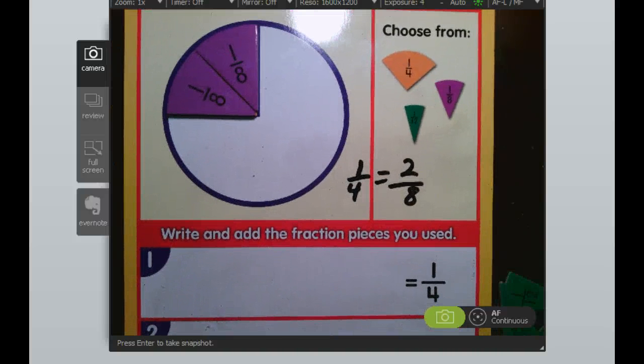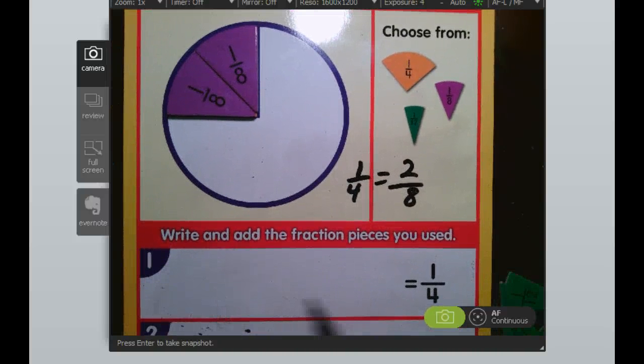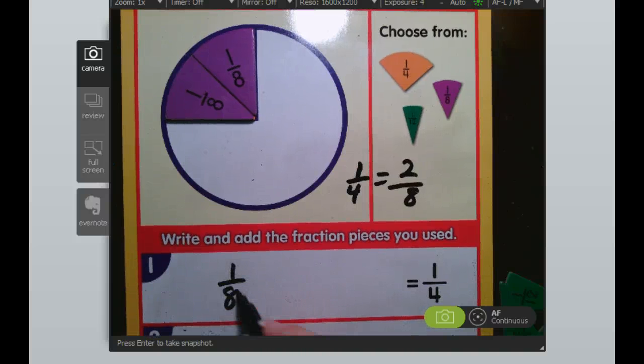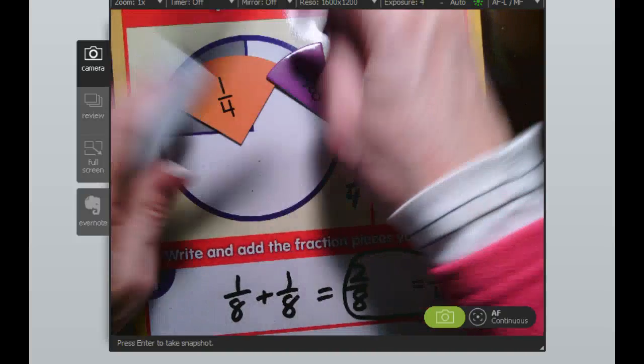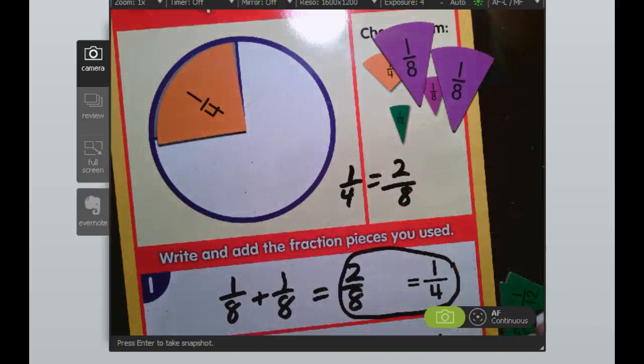So to build 1/4 with 2 8ths, I did 1/8 plus 1/8 equals 2 8ths. 1/4 and 2 8ths are equivalent. They are the same. So now let's try the same thing, but this time we're going to use twelfths.